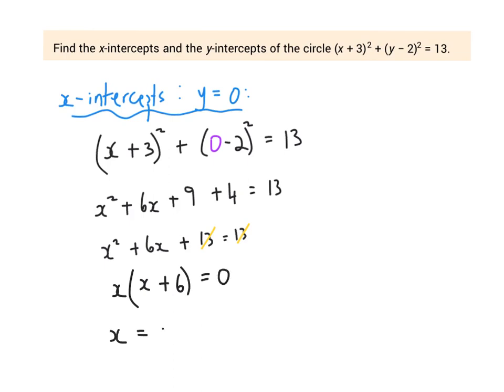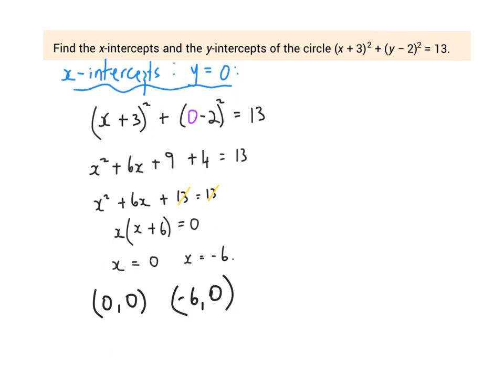So x is equal to 0, or x is equal to minus 6. Which means we now have 2 points on our circle, (0, 0) and (minus 6, 0) being the coordinates of the x-intercepts.